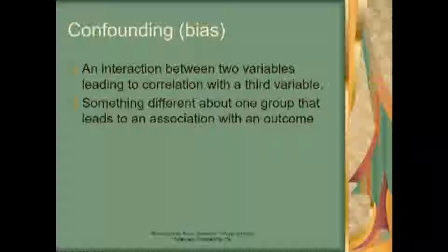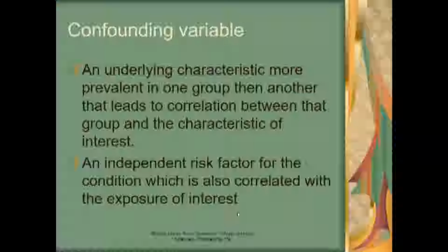Confounding bias is an interaction between two variables leading to correlation with a third variable. There is something different about one group that leads to an association with an outcome. These are all various definitions of confounding. A confounding variable is an underlying characteristic more prevalent in one group than another.